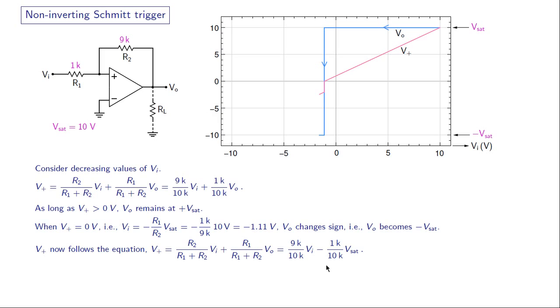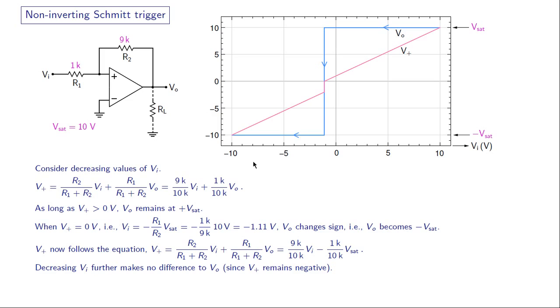So V plus versus Vi is still a straight line with a positive slope, but now the x-intercept has changed. So we will now have this line here, and its x-intercept would be somewhere there, like that.